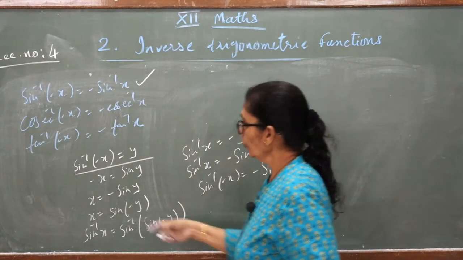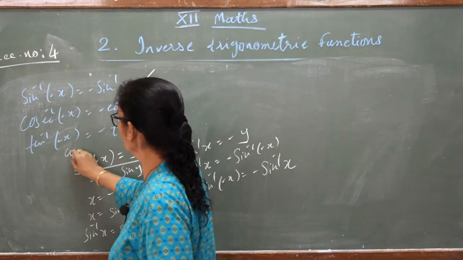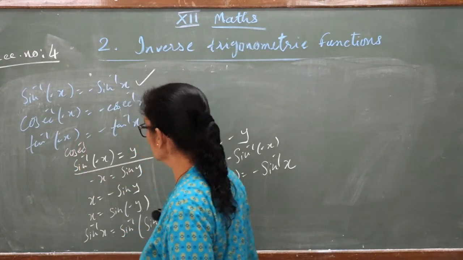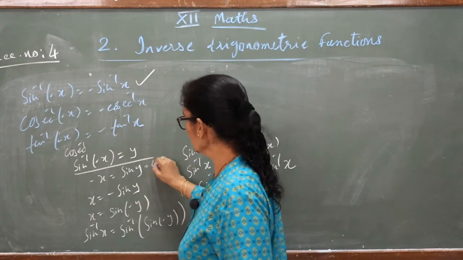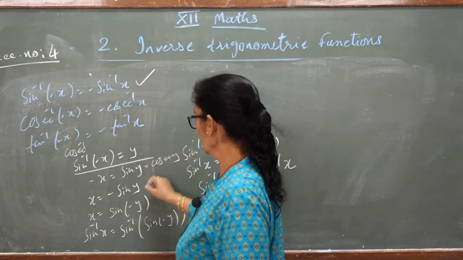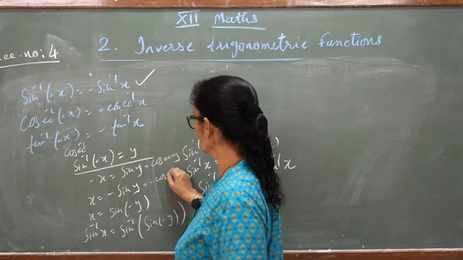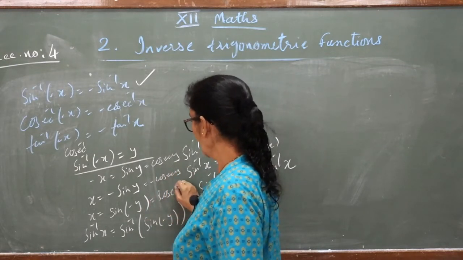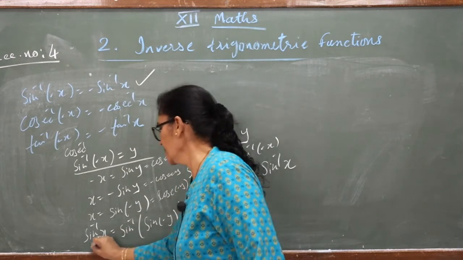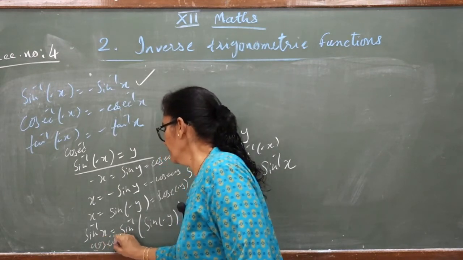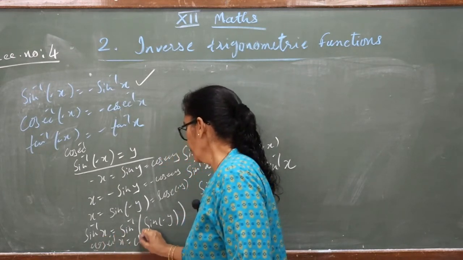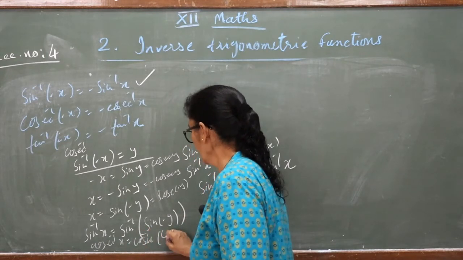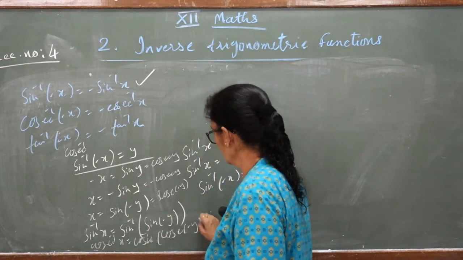Again the same. In place of sine inverse x, we have to write cosec inverse. Here also it is cosec y, here also it is minus cosec y, here also it is cosec minus y. Rest all is the same. Cosec inverse x equal to cosec inverse cosec minus y.